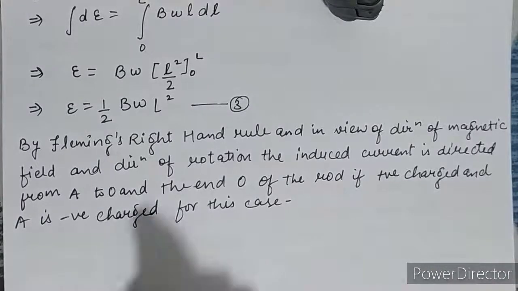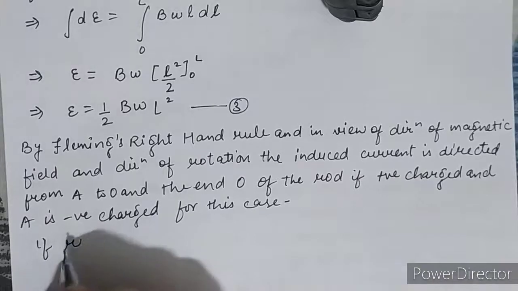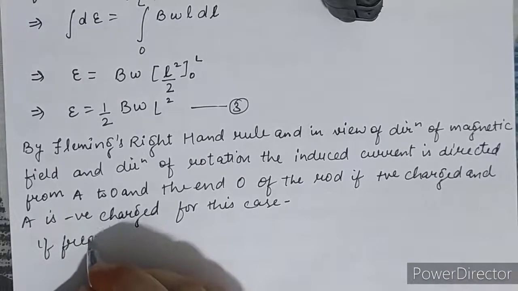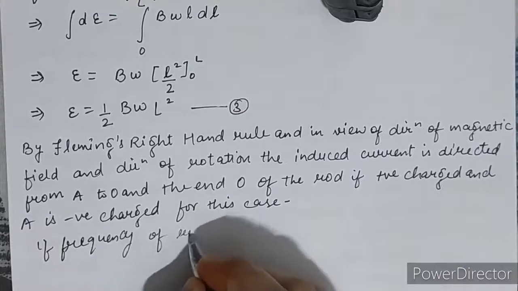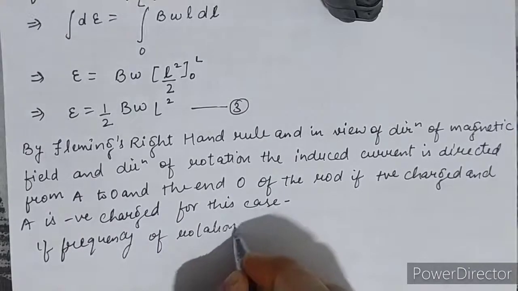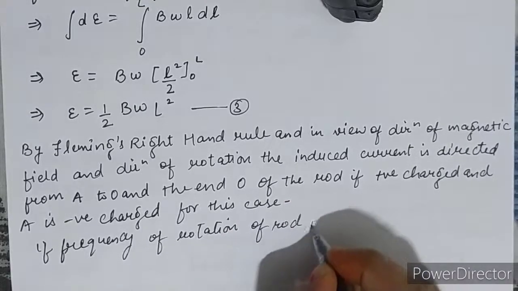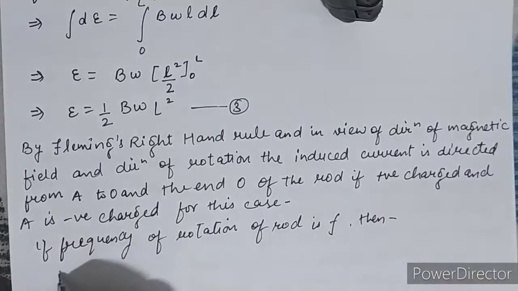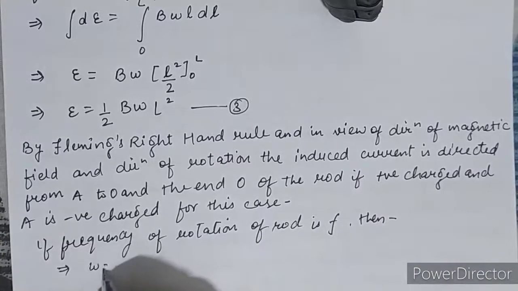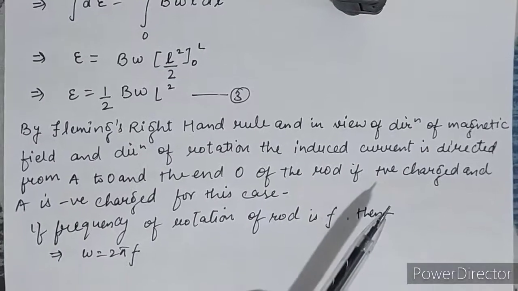So if the frequency of rotation of rod is F, then you know the formula, omega is equal to 2 pi F. So we have to put the value of omega in equation number 3.